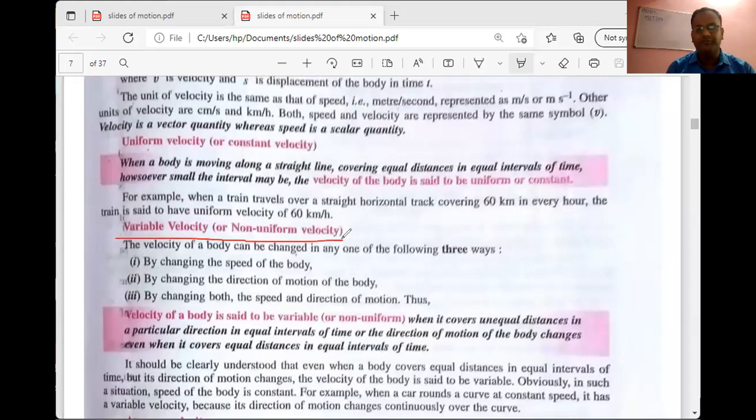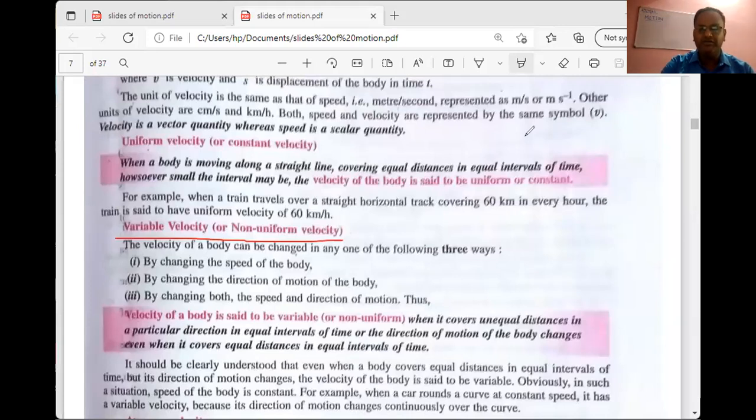But always we should remember, students, there are certain conditions on the basis of which the velocity of the body is variable. And what are they? The velocity of the body can be changed by either changing the speed, or by changing the direction, or by changing both the speed and the direction.